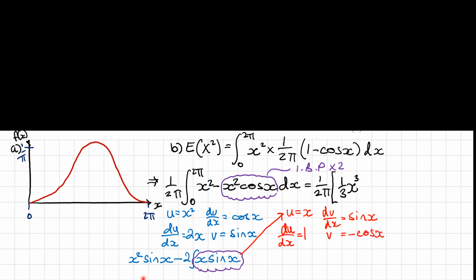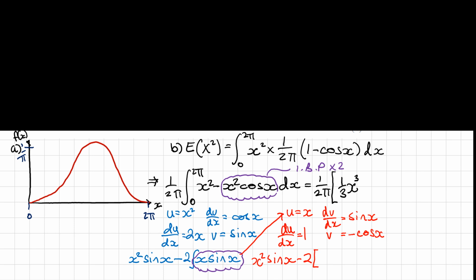So let me write down the full answer. I've already got this x squared sine x from before, minus 2 lots of doing integration by parts on this part here.